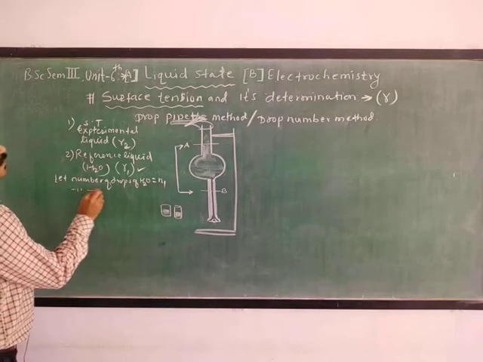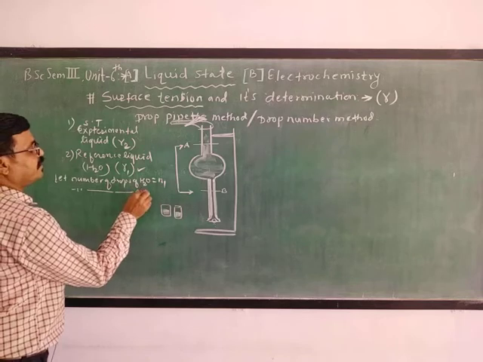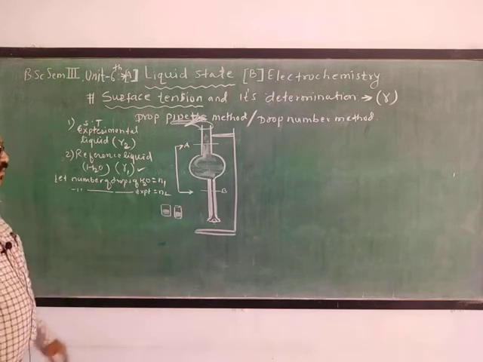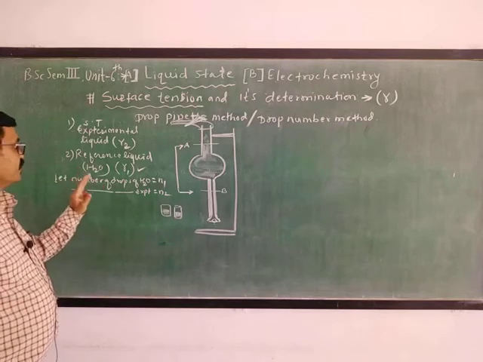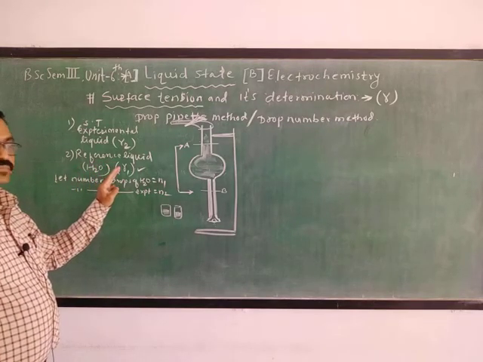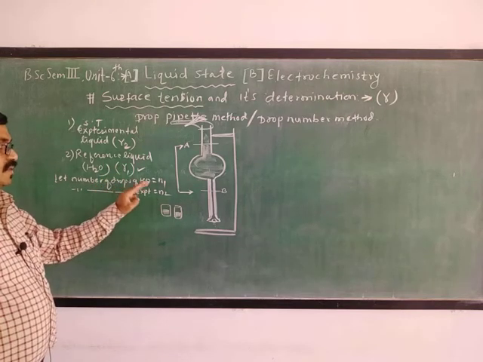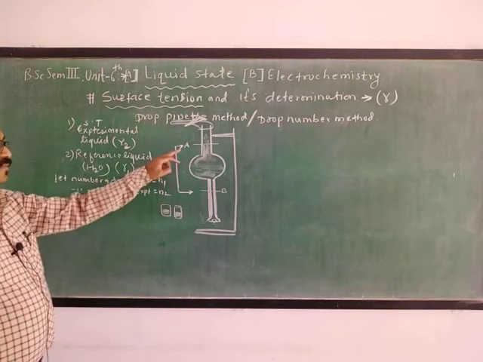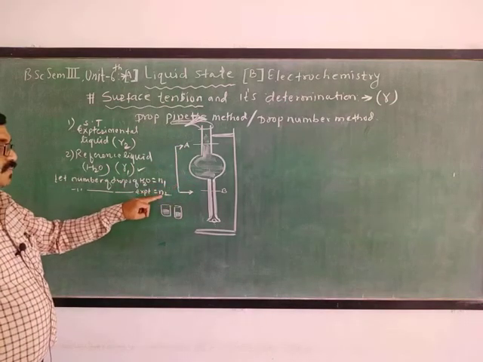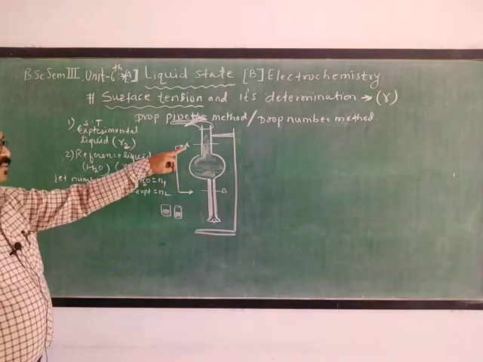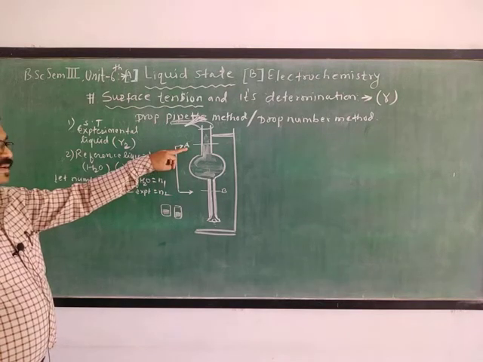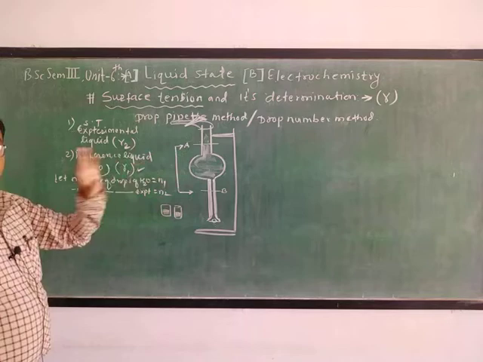Let the number of drops of experimental liquid be N2. So you know three values up to this: the surface tension of the reference liquid water, gamma 1, the number of drops of water falling from mark A to mark B, and the number of drops for the experimental liquid for the same volume falling from mark A to mark B.